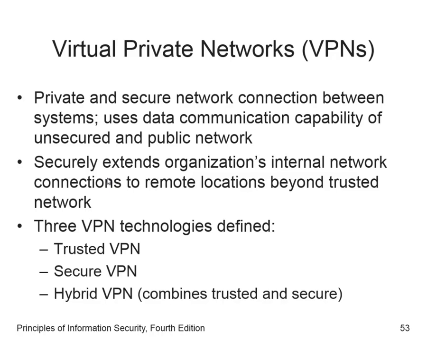A trusted VPN uses leased circuits, so it's leased from a service provider, and provides packet switching over these leased circuits. Secure VPNs use security protocols and encrypt traffic transmitted across unsecured public networks like the internet.